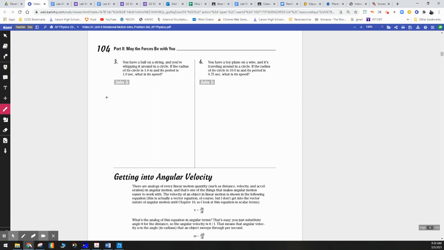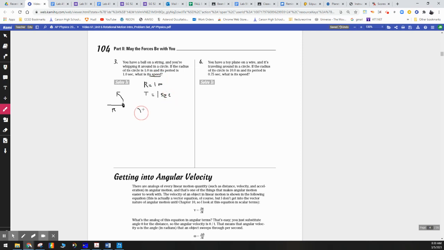So if a ball on a string is going in a circle, we have the radius here. What information do we have? It says the radius of this circle is 1 meter, so we'll put down 1 meter here, and its period T is equal to 1 second. It's asking what's its speed.